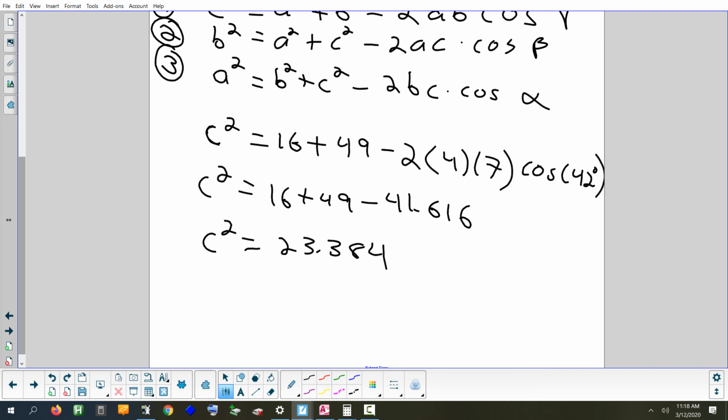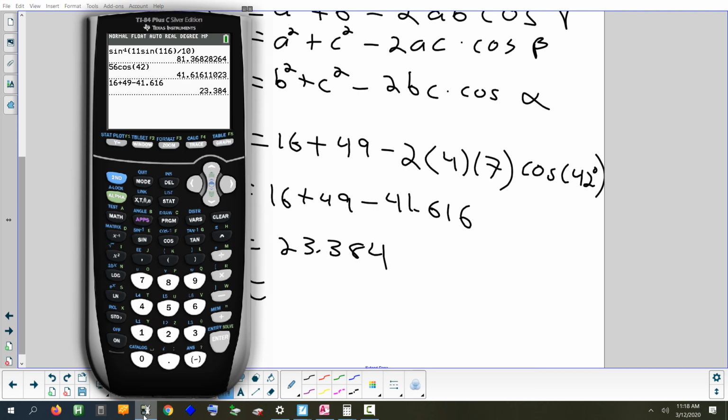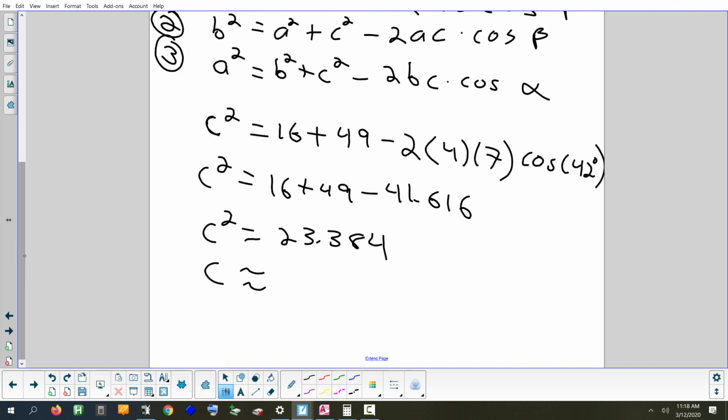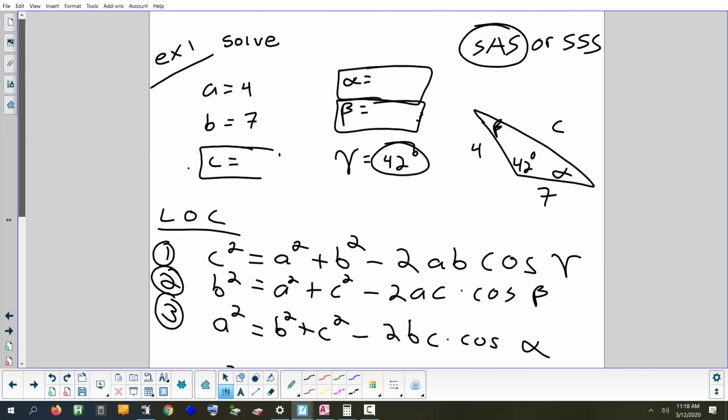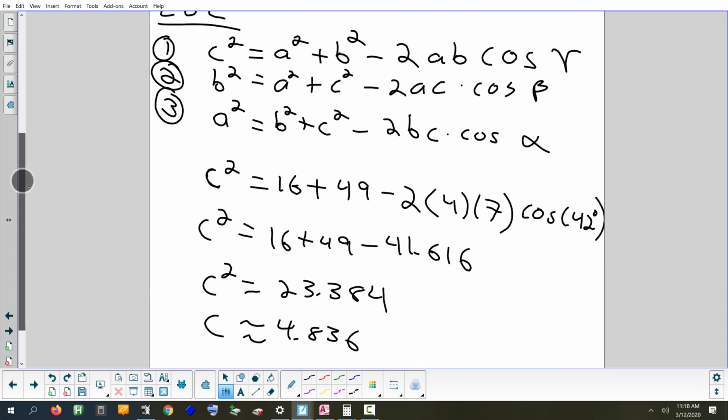And what would be my last step to get c by itself? Yep, take the square root. So the square root of 23.384 is 4.836. Okay, so let's copy that in the box. 4.836. Any questions on how we got c?